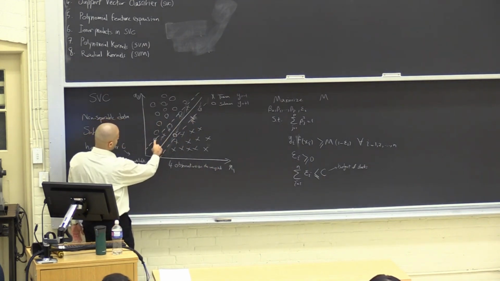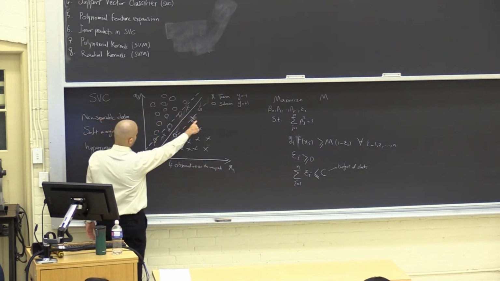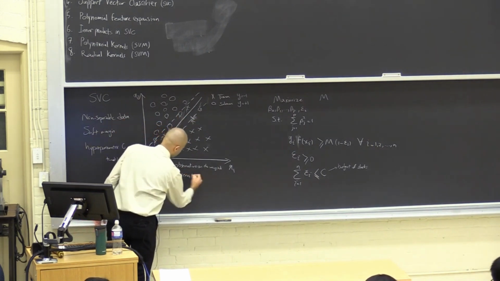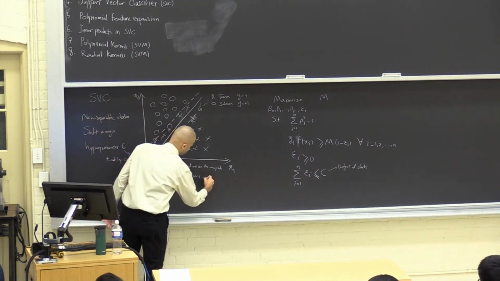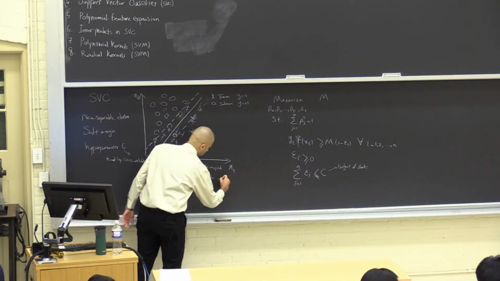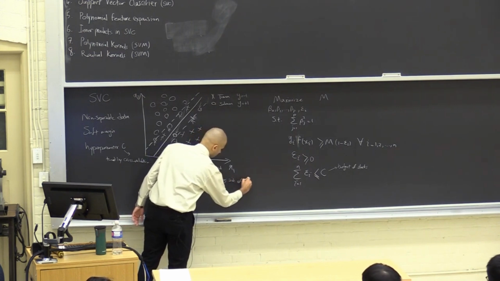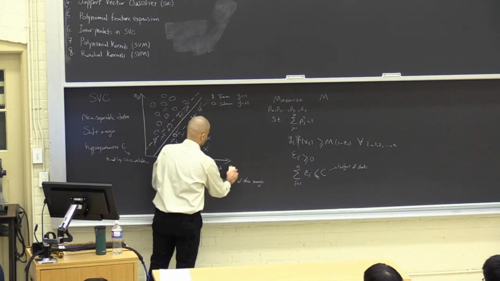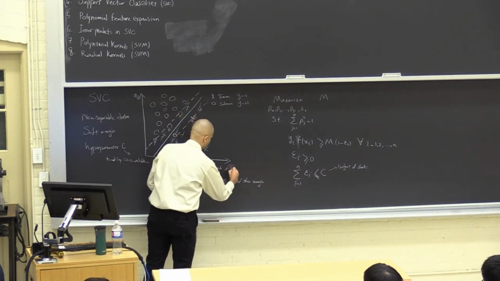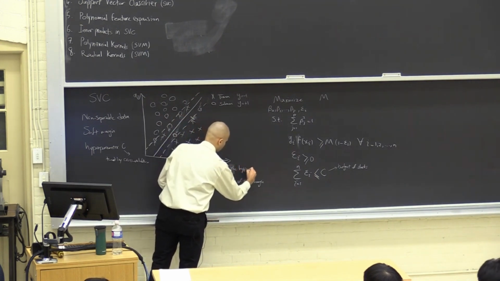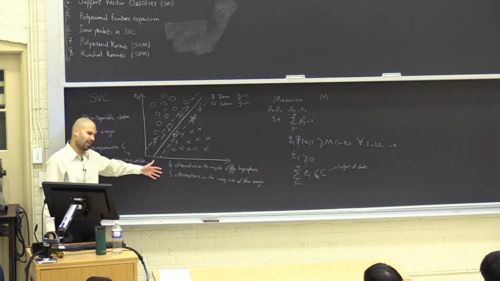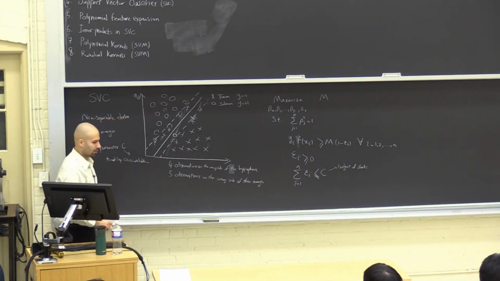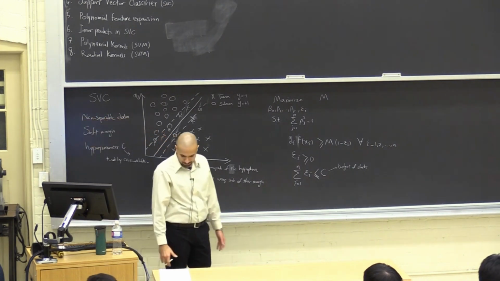And we had 1, 2, 3 observations on the wrong side of their margin. So there are 7 points that seem to be kind of special. We're going to come back to them later on.